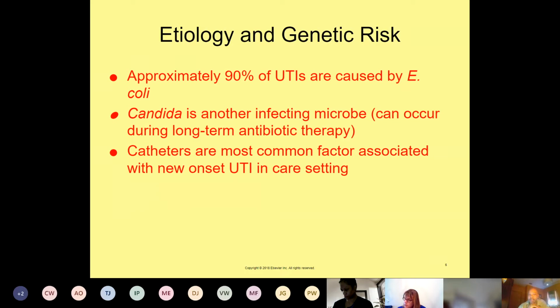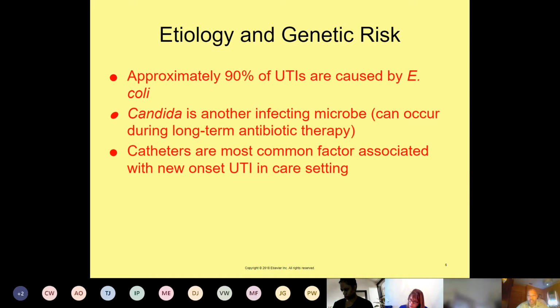Candida is another infecting microbe that can occur when patients are taking antibiotics for a very long time. Let's say a patient has osteomyelitis. Those patients are actually on antibiotics for at least about 6 weeks.